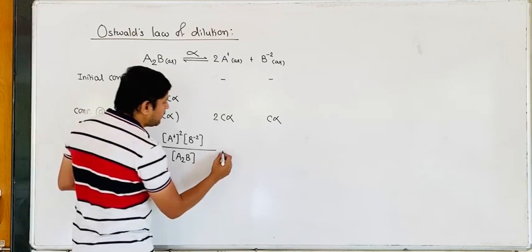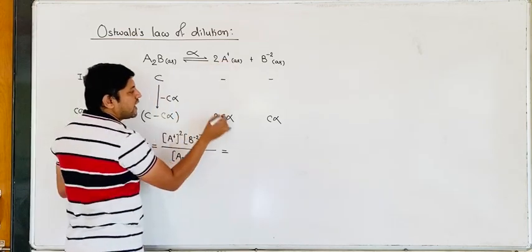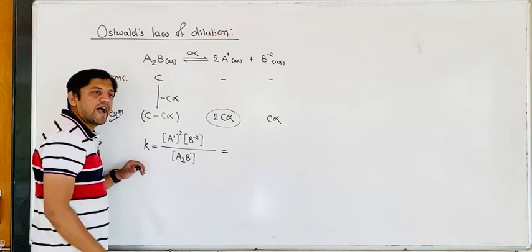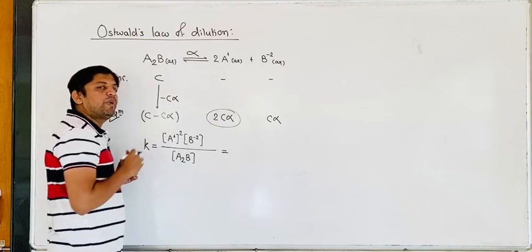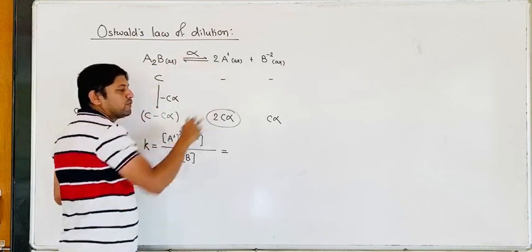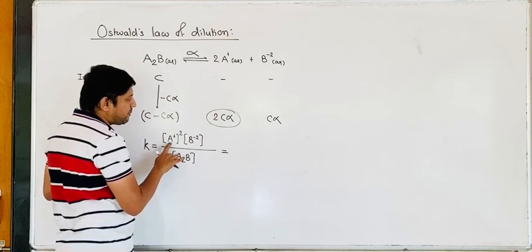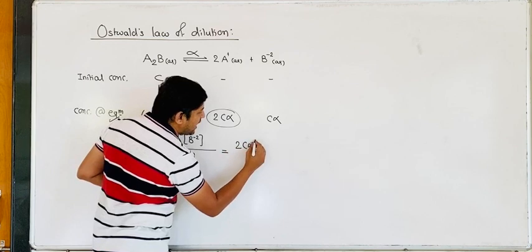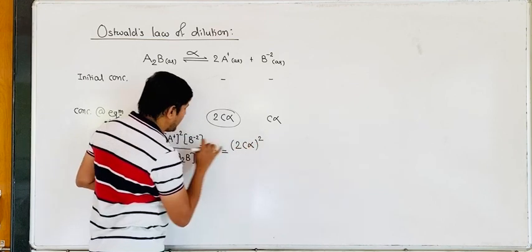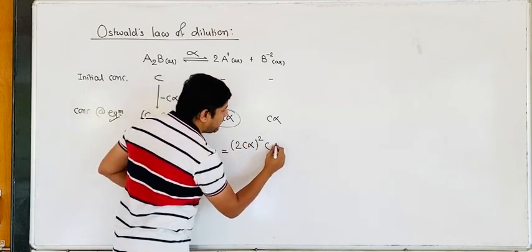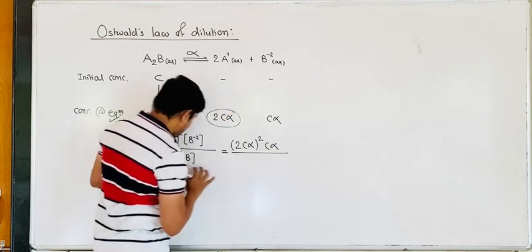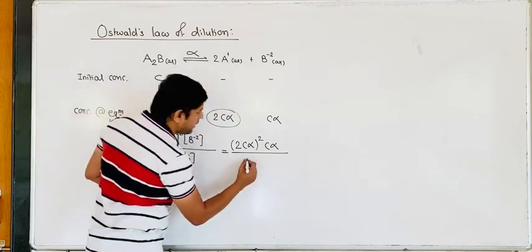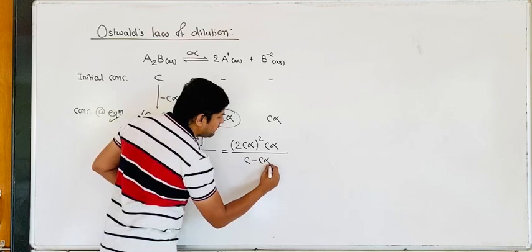So at equilibrium, concentration of A+ ions is twice Cα and not Cα like in a previous case where stoichiometry is 1:1:1. So concentration of A+ at equilibrium is twice Cα, its square, into Cα, divided by concentration of A2B, which is C minus Cα.